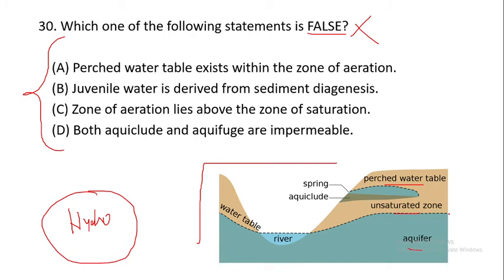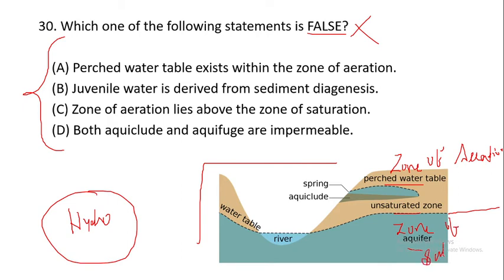As we know, the water table divides into two: first is the zone of aeration, and here is the zone where we find the aquifer, the zone of saturation.